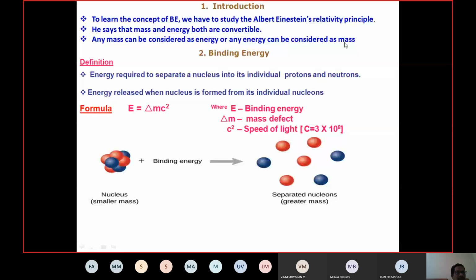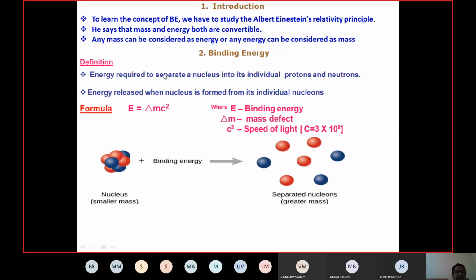That means we can convert energy into mass, and in the same way convert mass into energy, by the equation from Einstein's theory of relativity: E is equal to del m c squared, where E is the binding energy, del m is the mass defect, and c squared is the speed of light squared.